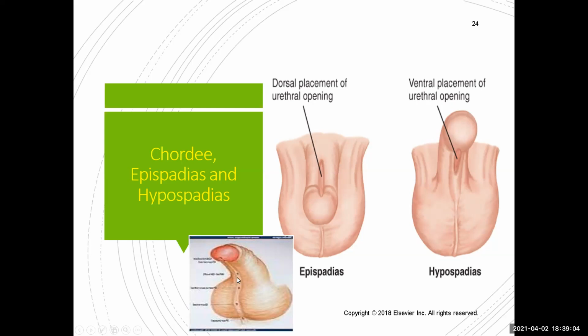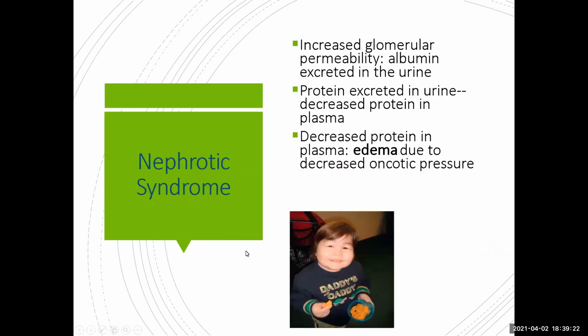They can just cut the fibrous band, and that should relieve some of that. The epispadias and the hypospadias can be a little different, but they can surgically repair those.